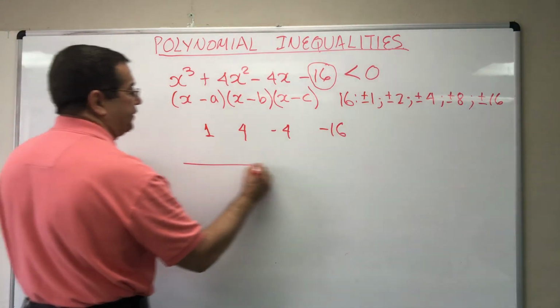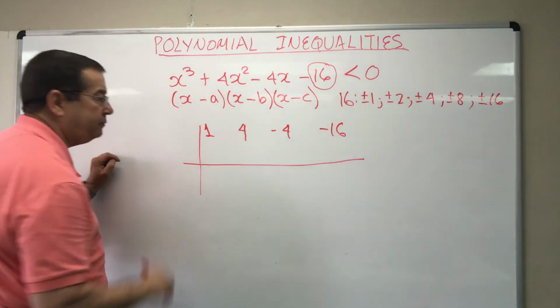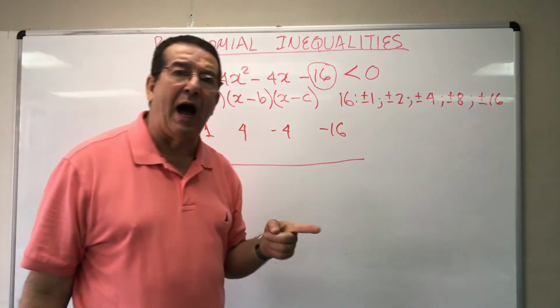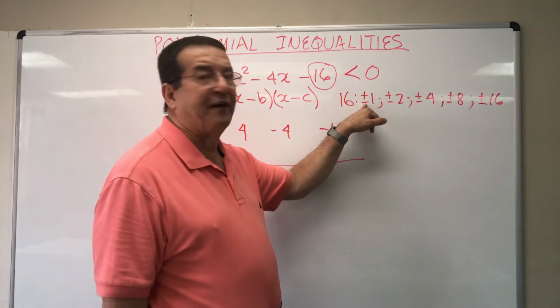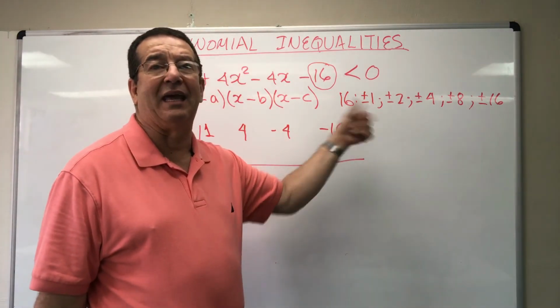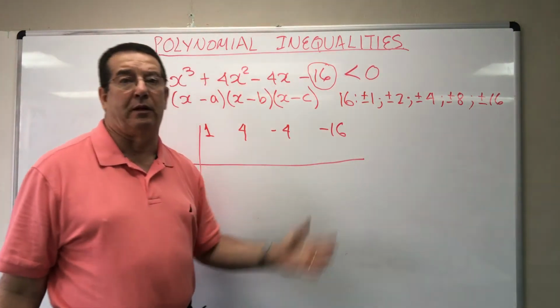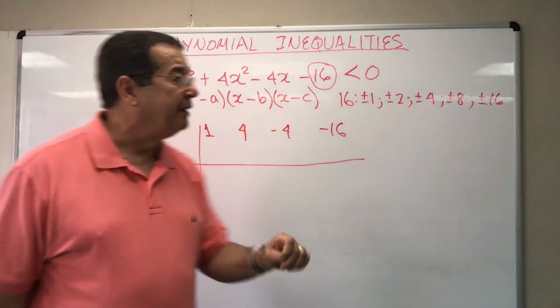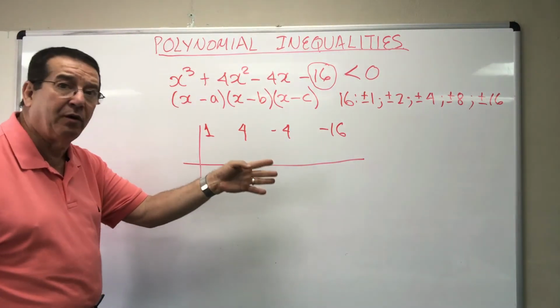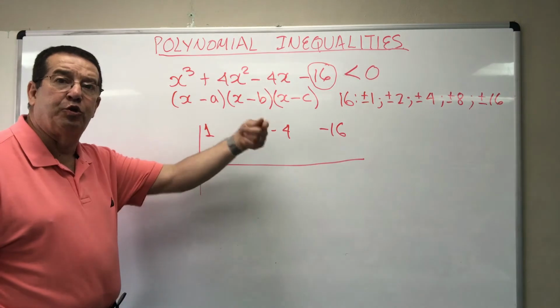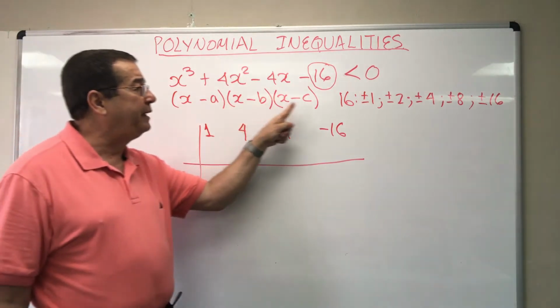Now I'm going to use the factors until one of them gives a zero of the polynomial. When I find a zero, I find a, and you continue until you find a, b, and c.